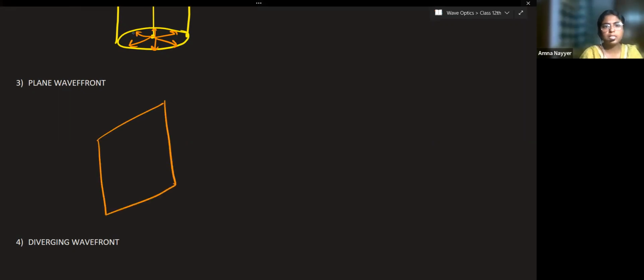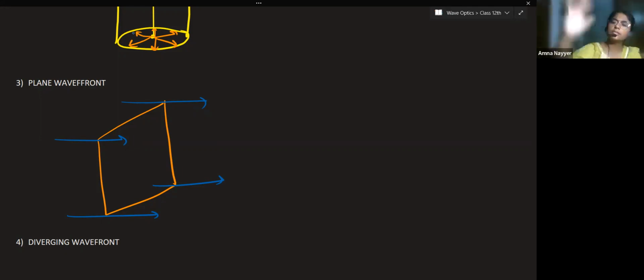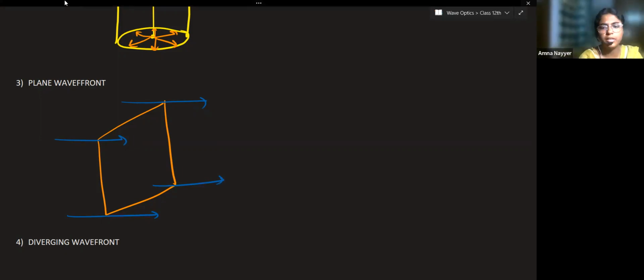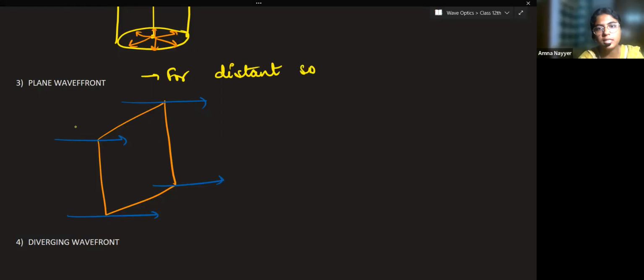Because from distant sources, the rays will pass like this. The waves will pass like this. So when you enclose it, it will form a plane surface. So this is a plane wavefront. Fine. So for a distant source, a point or spherical or cylindrical wave. This is valid for distant sources.